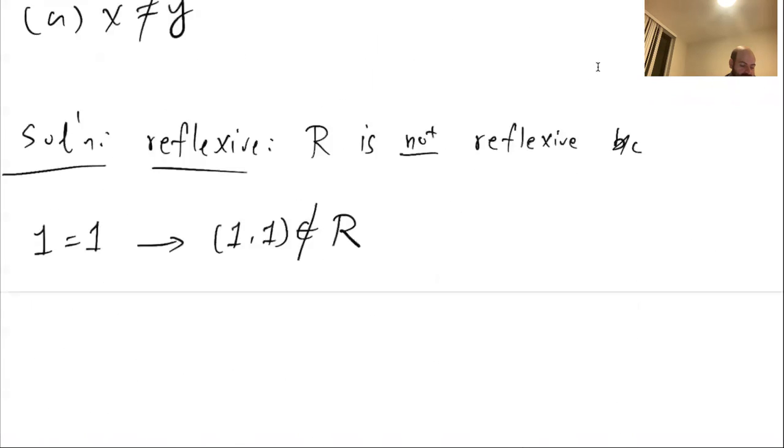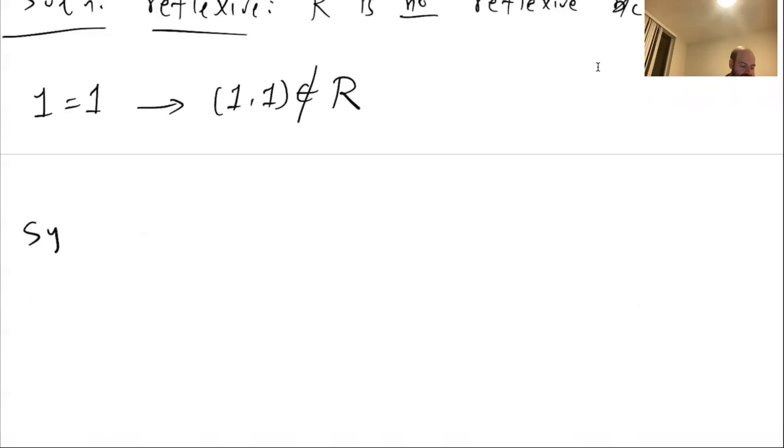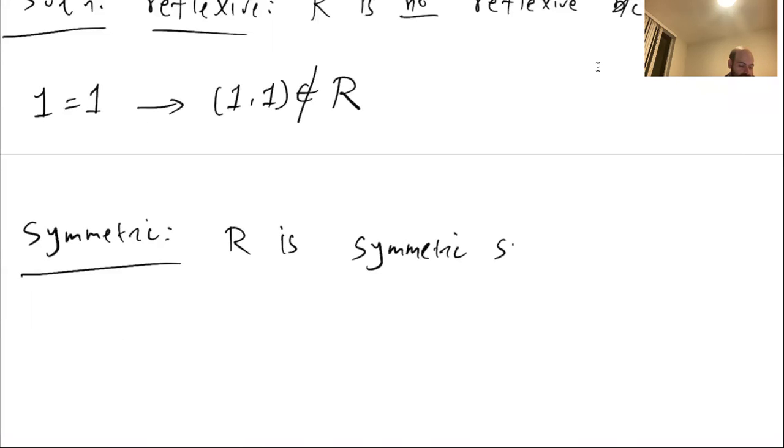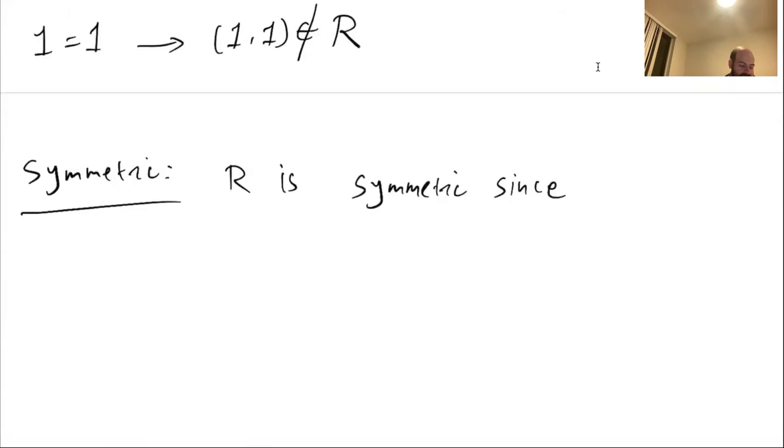What about symmetric? R is symmetric. Since (x, y) in R implies that x is not equal to y, and this implies that y is not equal to x, right?